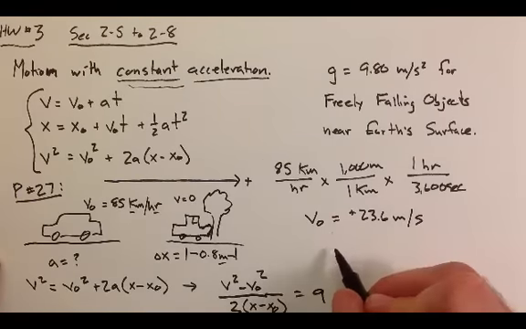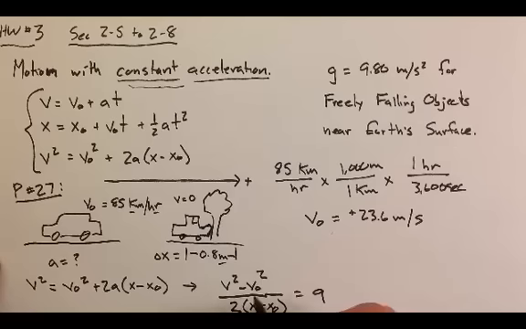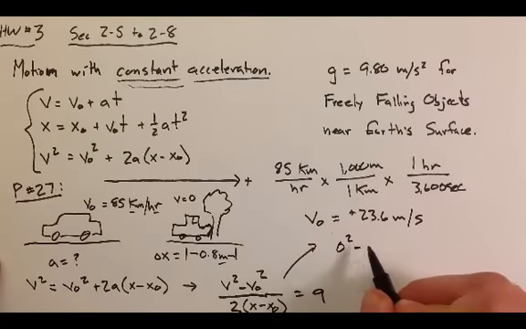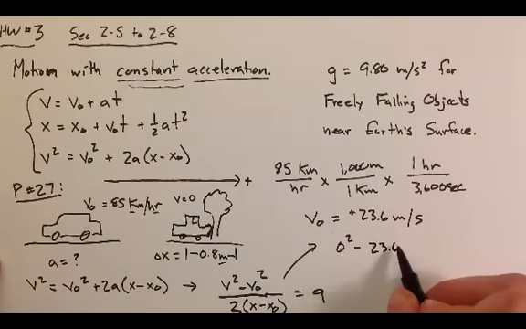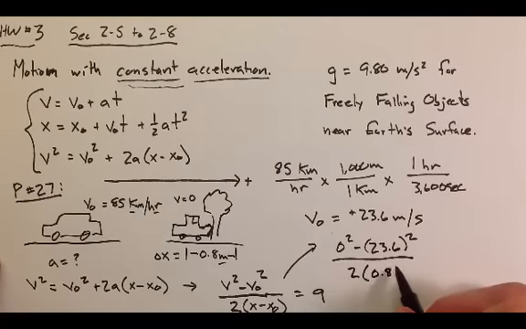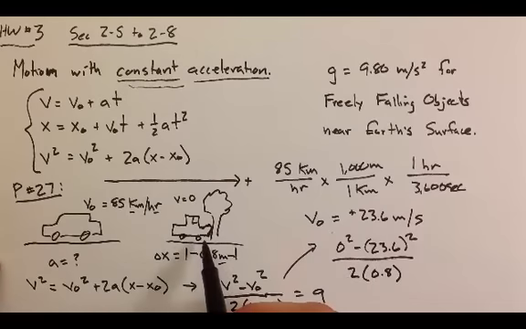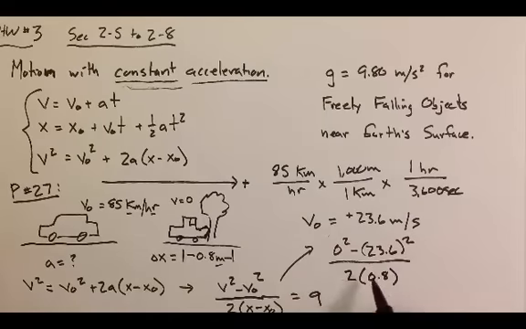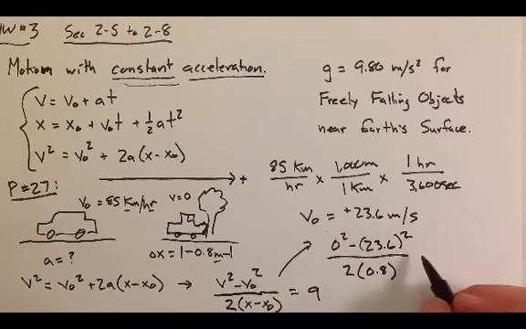Okay. So if I go ahead and plug in what I know into this equation here, I'm going to get 0 squared minus 23.6 squared divided by 2 times 0.8. And again, this change in X is the car moves to the right as it's being crunched. So that's going to be a positive 0.8.